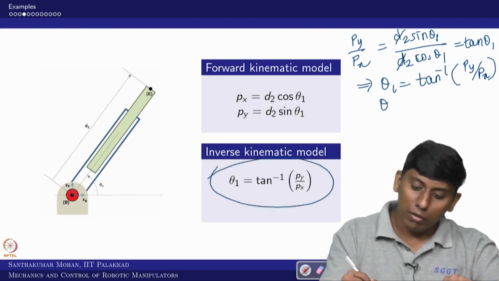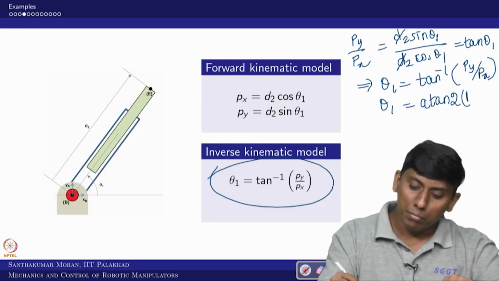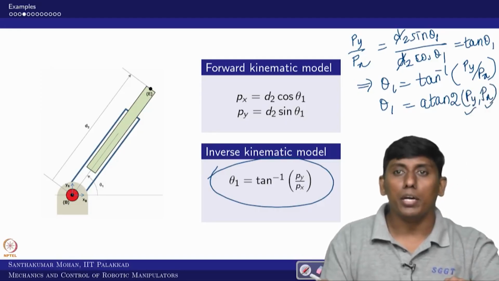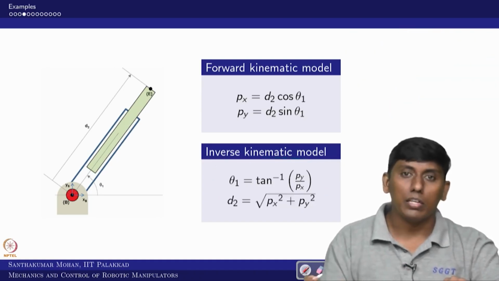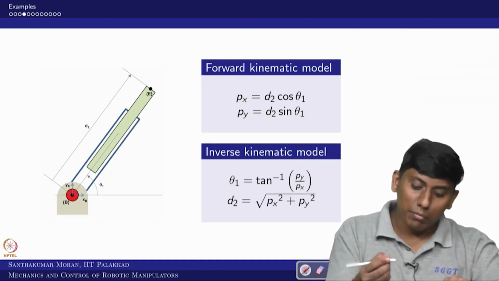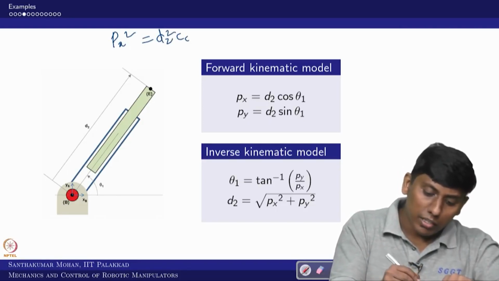So you take theta 1 as atan2, arc tan with two arguments py and px, in the sense the signs of px and py matter. Now square and add will give d2. Square and add means px squared equals d2 squared cos squared theta 1.